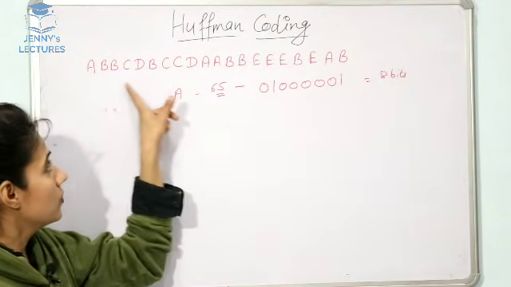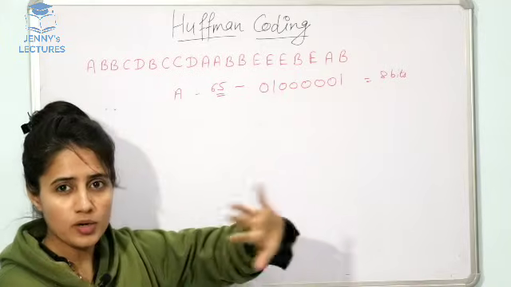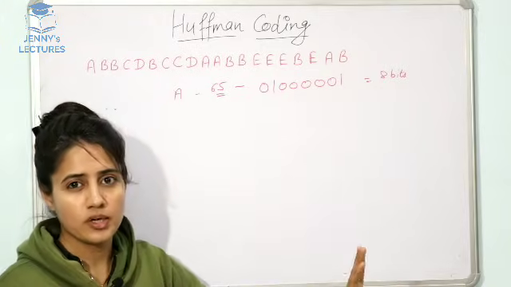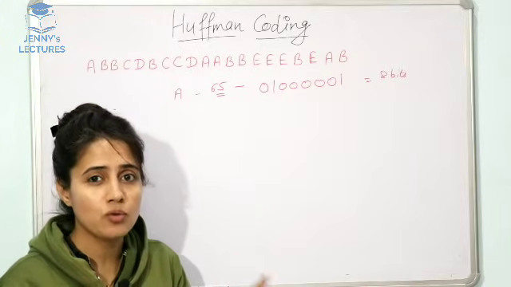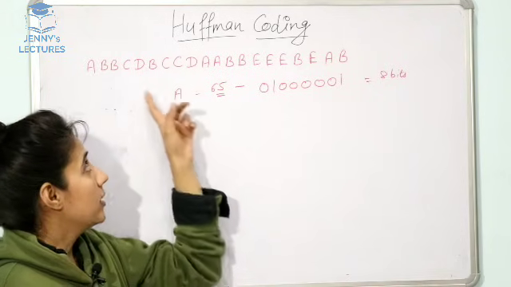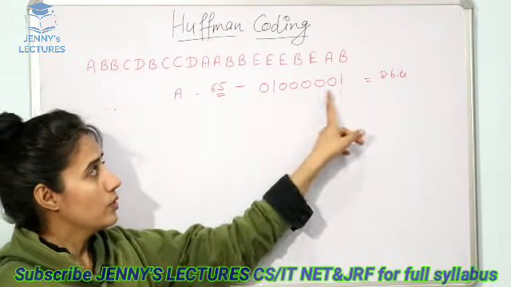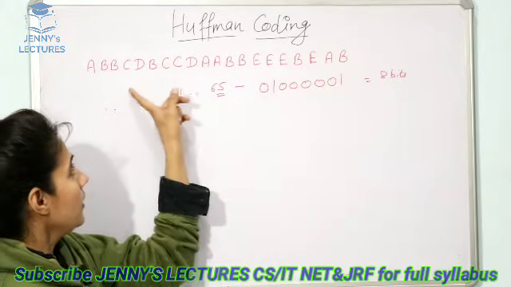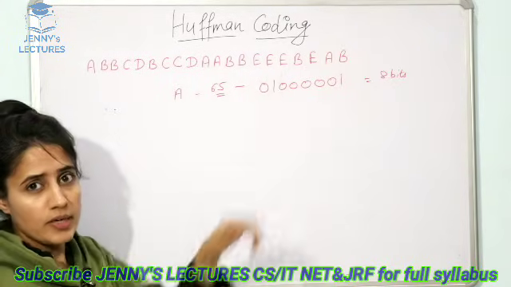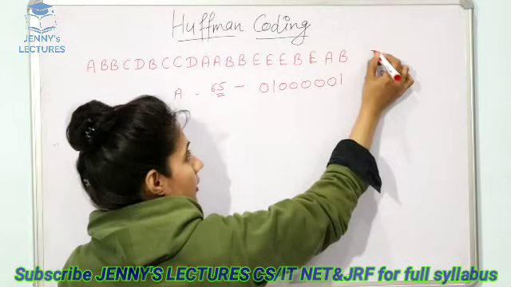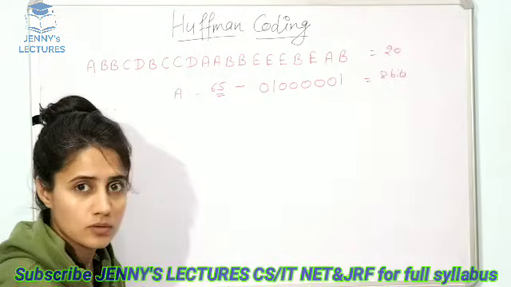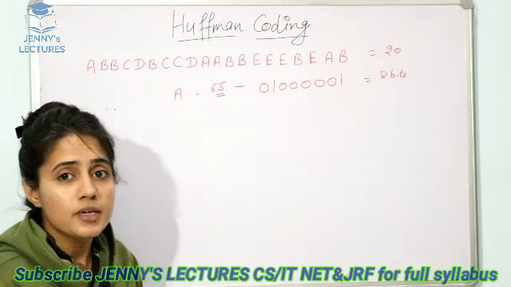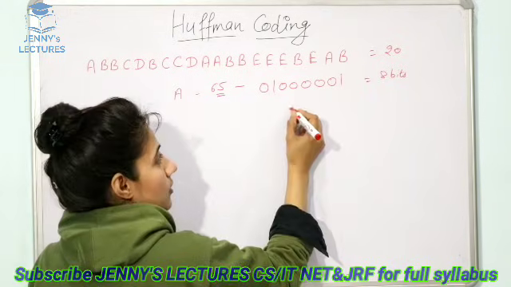Now you want to transfer this message without applying any compression technique. By default, every character is converted into 8 bit binary form. How many characters are there? These are 20 characters. Then how many bits will be required?